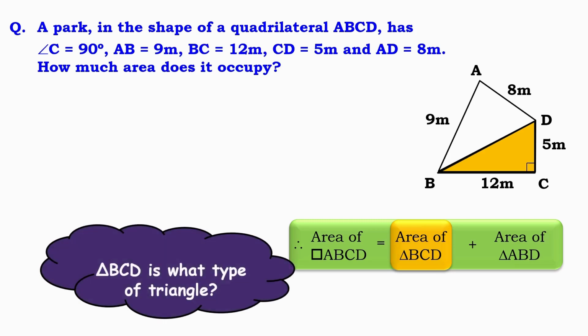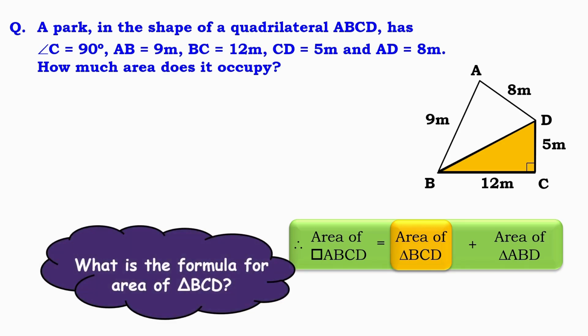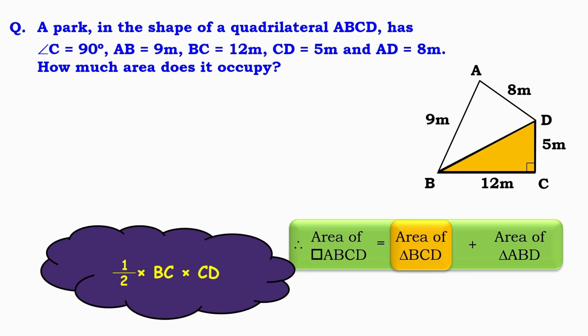Now first we need to find the area of triangle BCD. So triangle BCD is what type of triangle? Can you recognize the triangle? One angle is 90 degrees, so that means it is a right angle triangle. Now what is the formula for the area of triangle BCD? Since this is a right angle triangle, we don't need to consider the three sides.